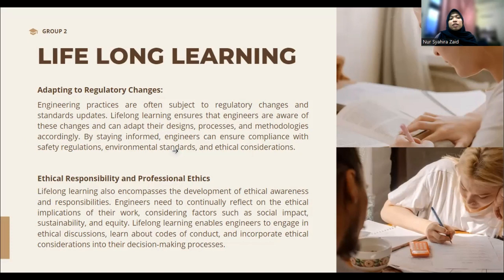By staying informed, engineers know what they can and cannot do in terms of safety regulations, environmental standards, and so on. For ethical responsibility and professional ethics, engineers must be responsible for the factors that can make an impact on society, and engineers should engage in ethical discussions, learn about codes of conduct, and so on.